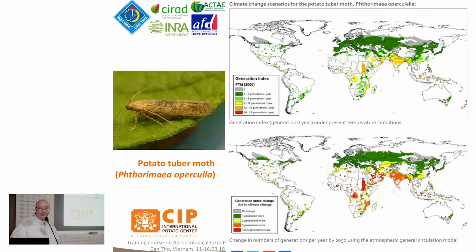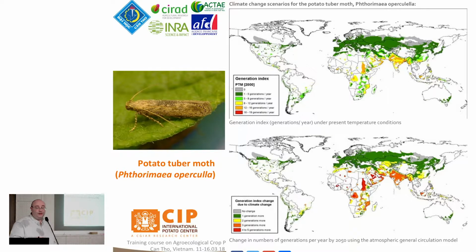Another use can be that type of model where, for instance, this is the case of an insect, potato tuber moth. And if you have a model, it's quite easy to use climate predictions as input to your model in order to say, okay, I have this prediction for the climate, and this will be the impact of climate change on the development of potato tuber moth.